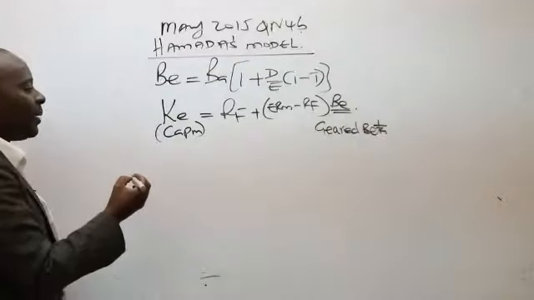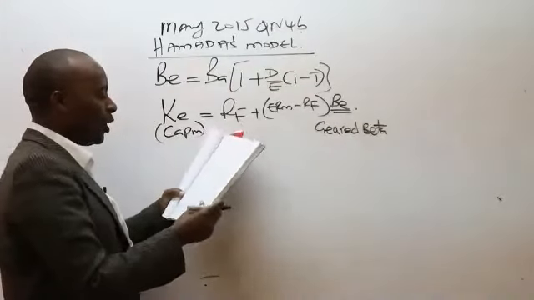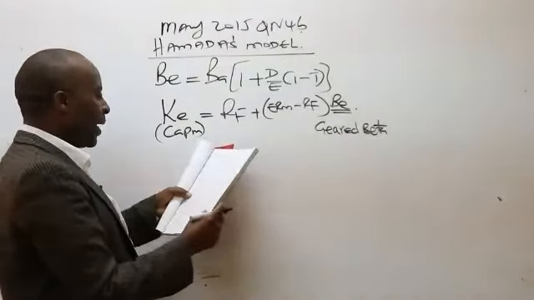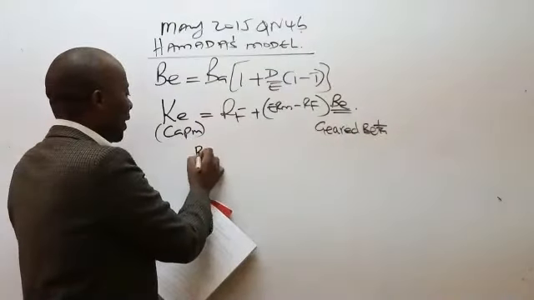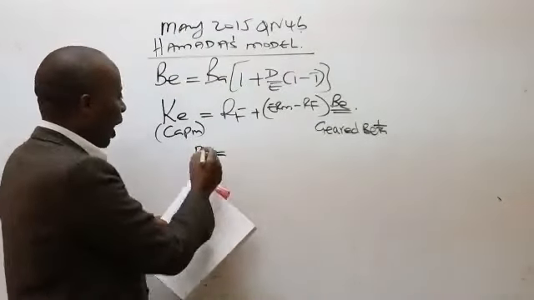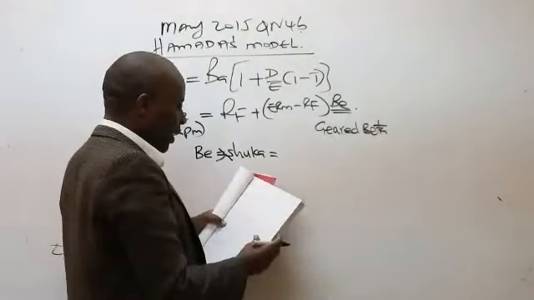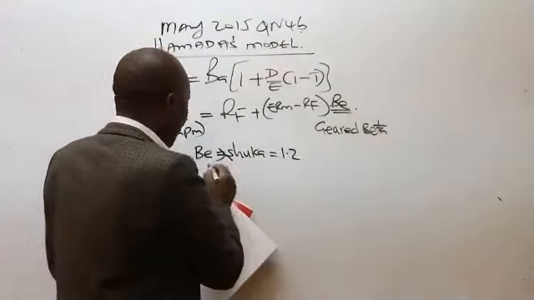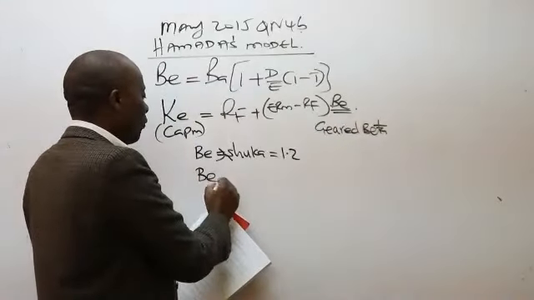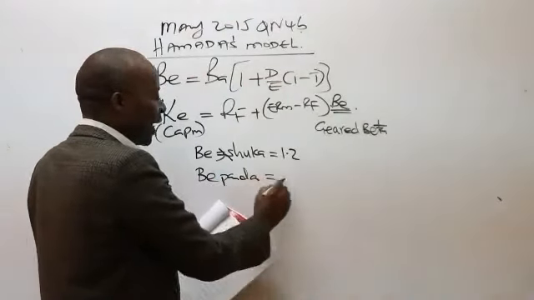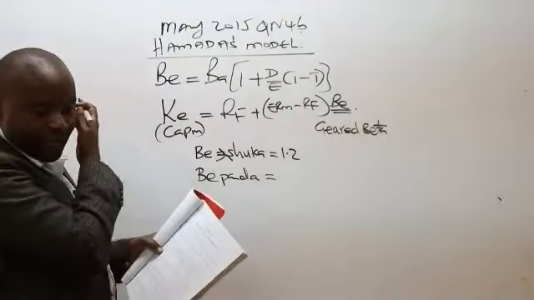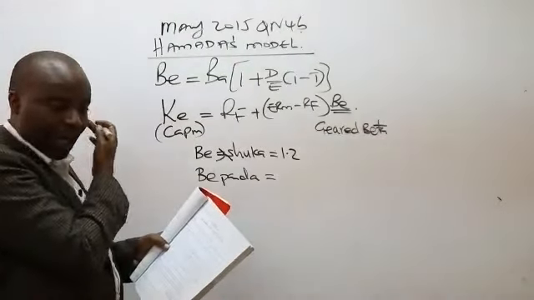But now remember, the examiner has given you 2 equity betas. So the examiner has given you beta equity of Shuka as 1.2. He has also given you beta equity of Panda. Remember, the two companies are coming together through an acquisition.